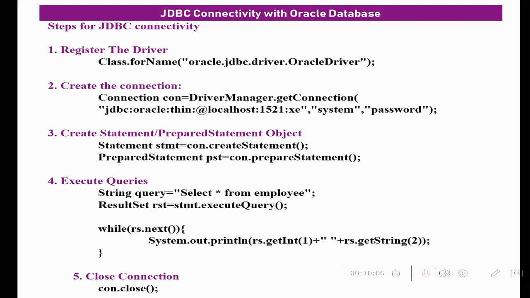How will we create the connection object? Connection con equal to DriverManager, which we learned is the class that has the connection method, that is getConnection. Here we will pass the URL, the username and the password. This will generate the connection object with the database.